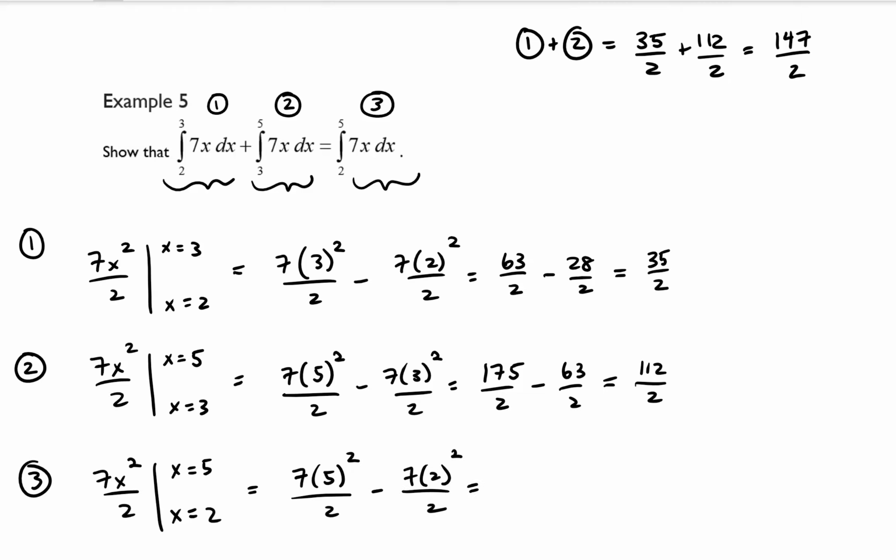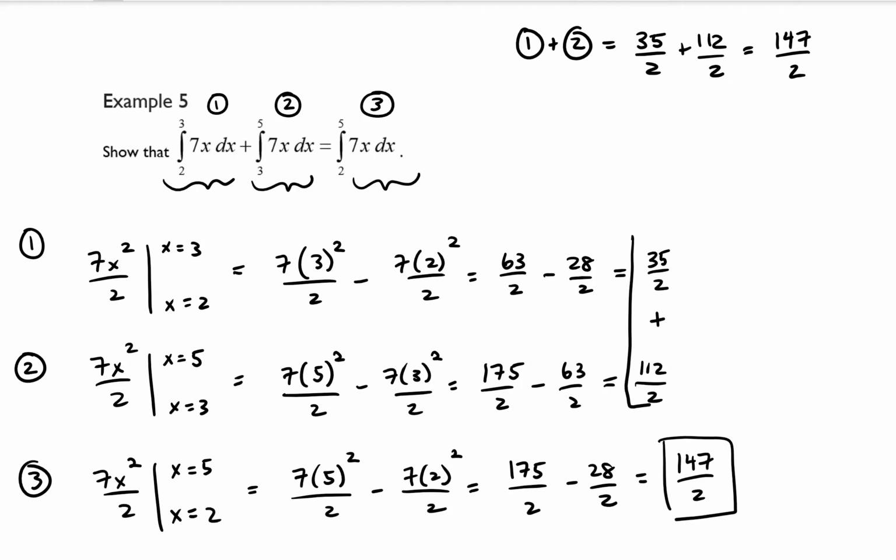So that's going to be 175 over 2 minus 28 over 2, which is equal to 147 over 2. Yay! And these things are equal.